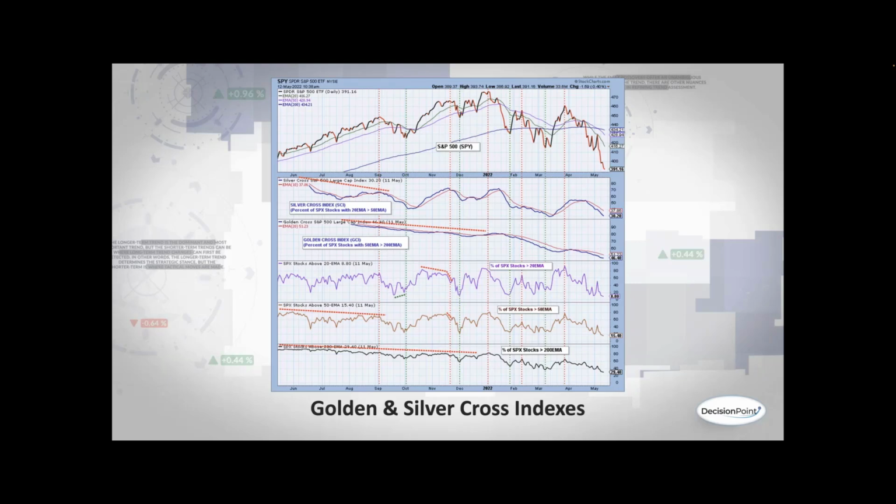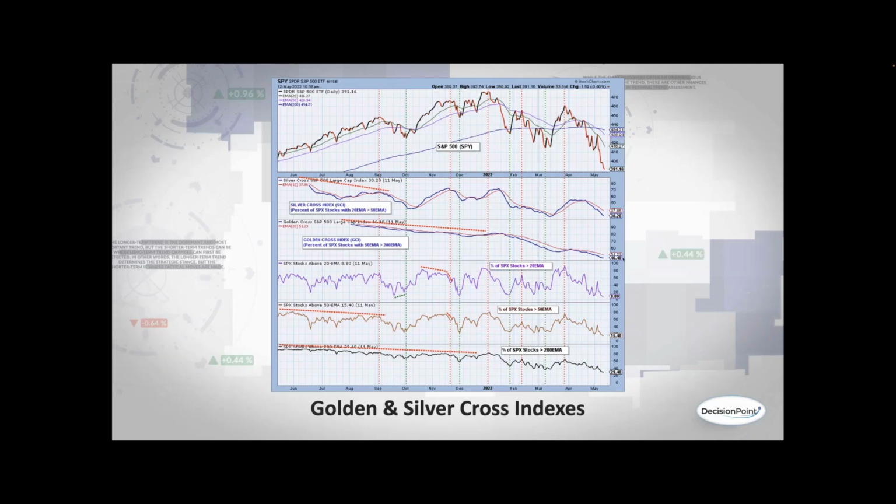That tells us that the golden and silver cross indexes are likely to continue moving lower, because again, you have to have price above the 20 and 50-day EMAs to get a silver cross, and you need it over the 50-day EMA to preserve a silver cross. So when you have fewer stocks above their 50-day EMA, then you know that the silver cross index, which is higher, is going to continue lower.